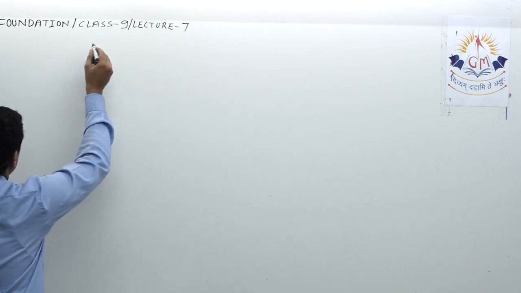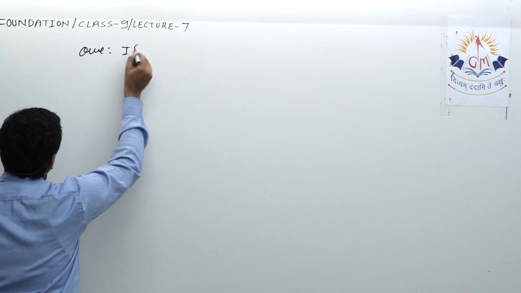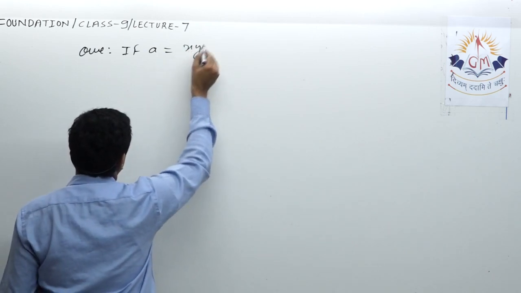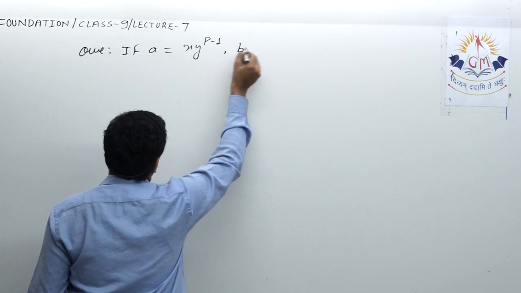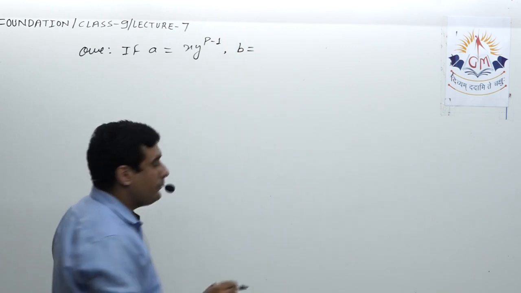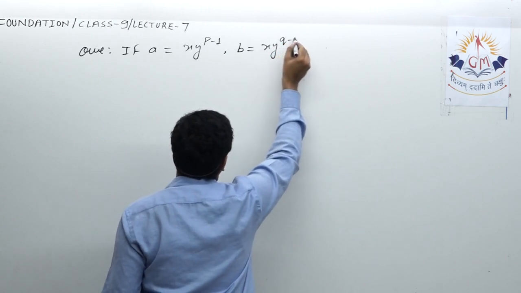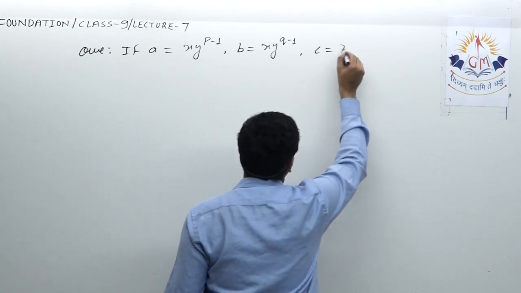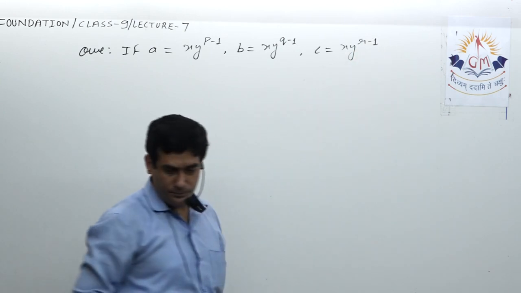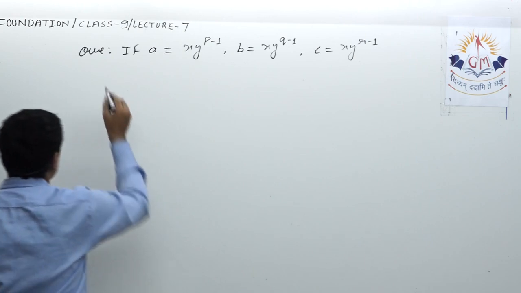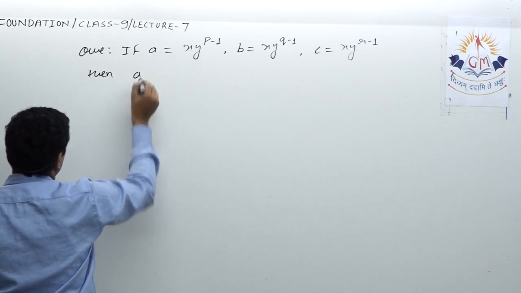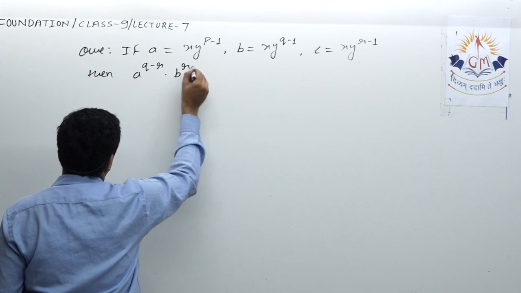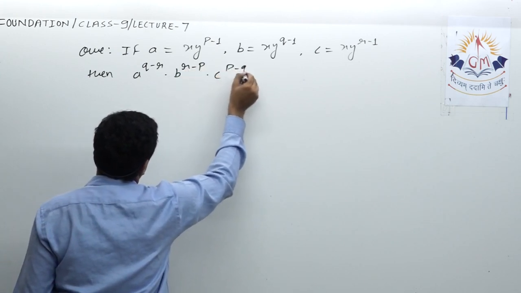If a is equal to x y raised to p minus 1, b is equal to x y raised to q minus 1, and c is equal to x y raised to r minus 1, then find the value of a raised to q minus r into b raised to r minus p and c raised to p minus q.